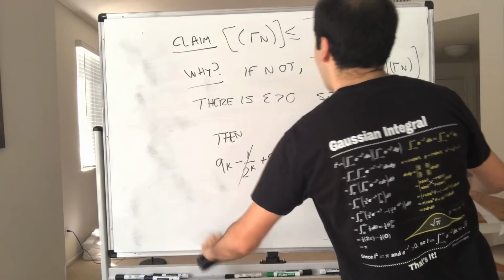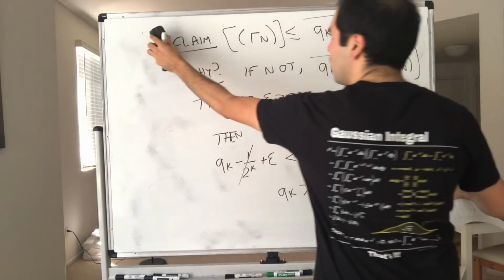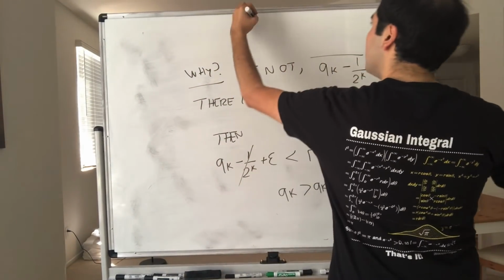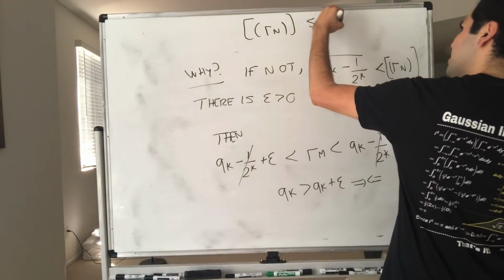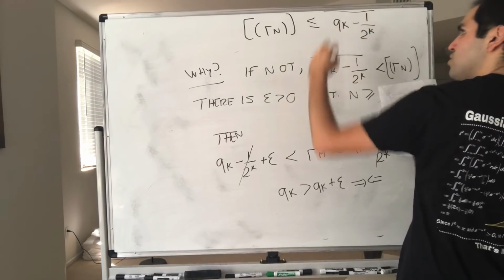All right, so this is true. So now we know that Rn is less than or equal to this fixed value Qk minus 1 over 2 to the k.